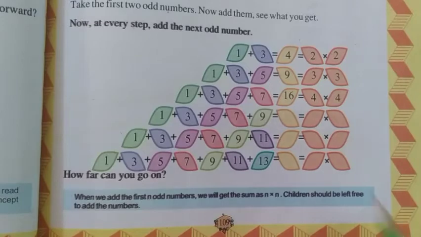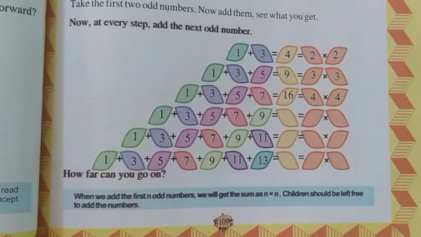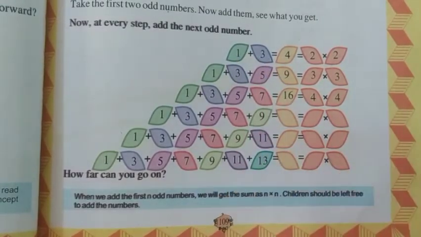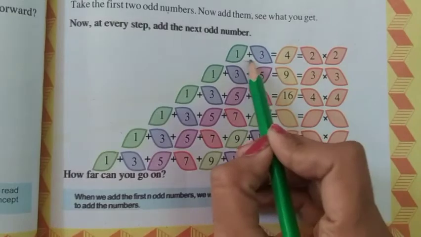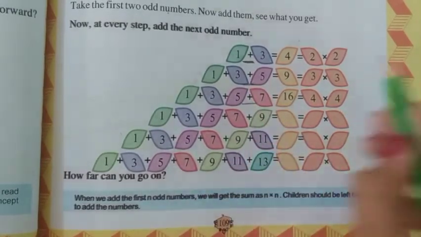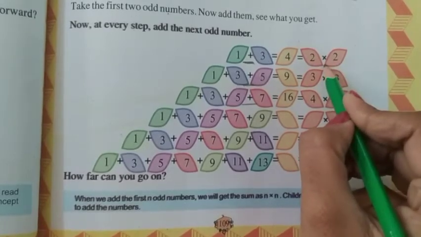Now see here first we will observe. जो भी दिया है first हमको क्या करना है? Observe करना है. First we will observe. 1 plus 3. See the sign first. It is the addition sign. And this side multiplication side.